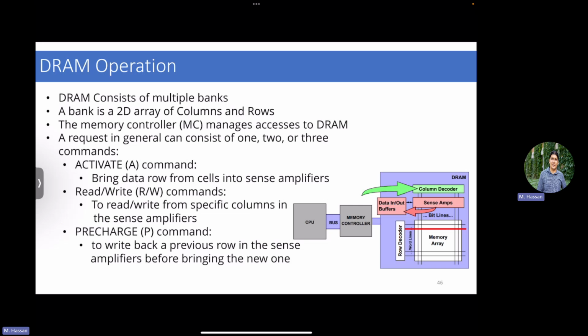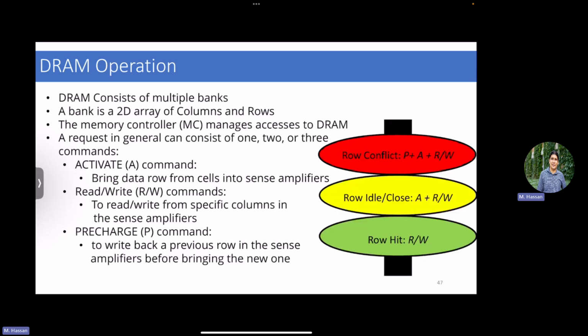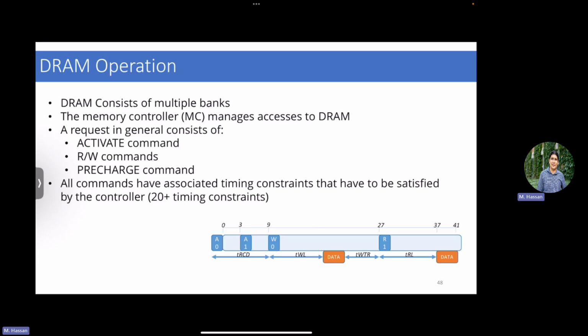It takes some time to bring in the data from the sense amplifiers forward to the pin. Right? This time is WL for writes and RL for reads. So why are they different? Because for writes, you are in fact getting the data from the input pin to the DRAM cell. And for reads, you are getting it from the cell to the output. Right? So different direction.